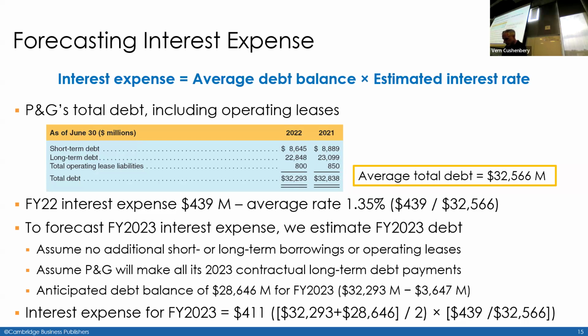We talked about interest, and I don't have any new comments on this slide. Our authors are just walking us through the calculation for Procter & Gamble, but we're taking last year's interest expense divided by debt outstanding and applying that interest rate onto the beginning balance of debt this year.